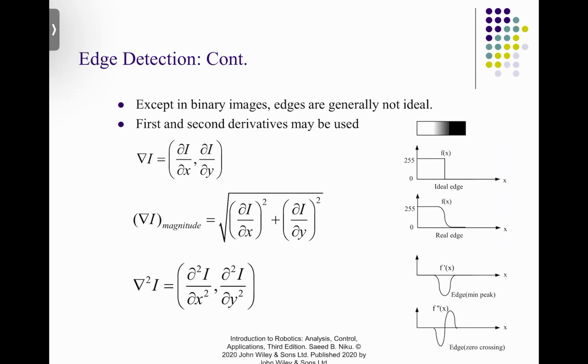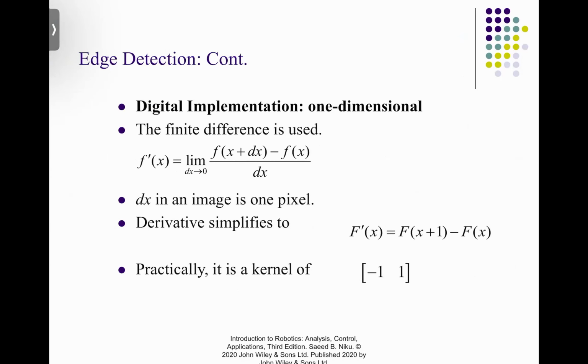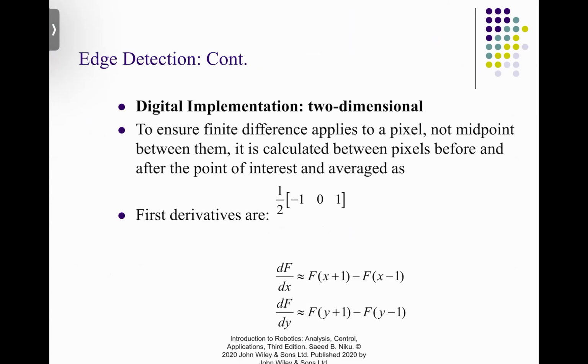You can find the first order difference and the second order difference, and that would allow you to find the relationship between adjoining pixels. This relative relationship is used to find out whether there is an edge or no edge.